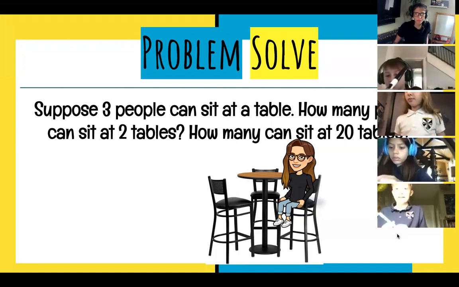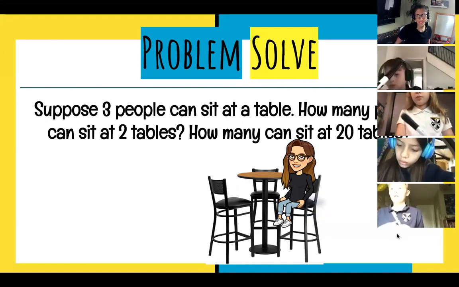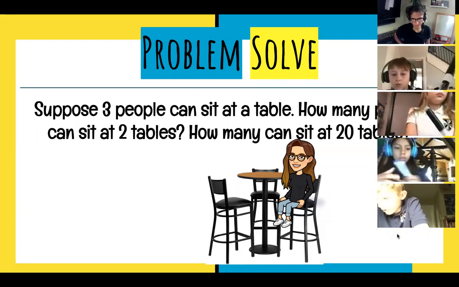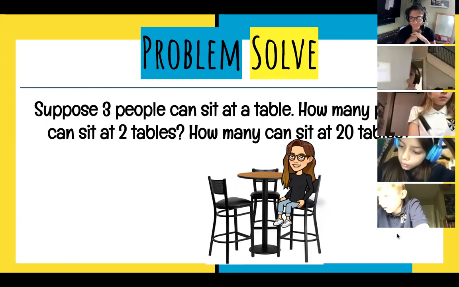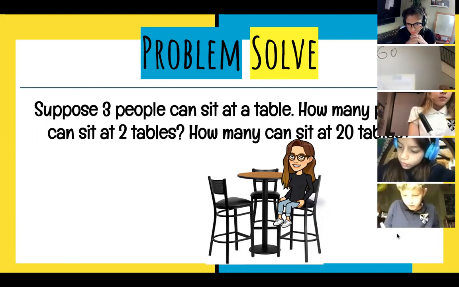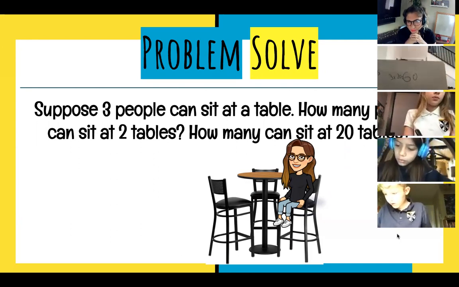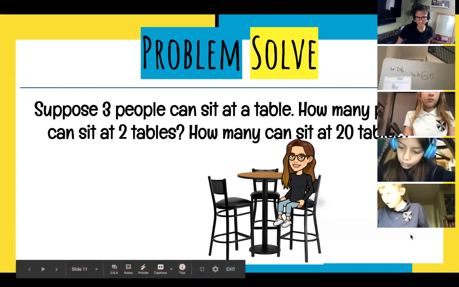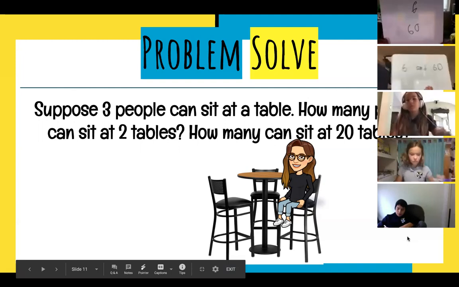So 3 people can sit at a table. How many can sit at 2? How many can sit at 20? All right. What about, okay. I was looking for the other side, Quinn. Good. Quinn's got it. William's got it.